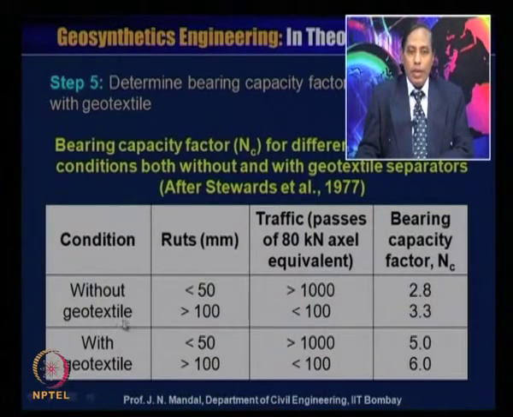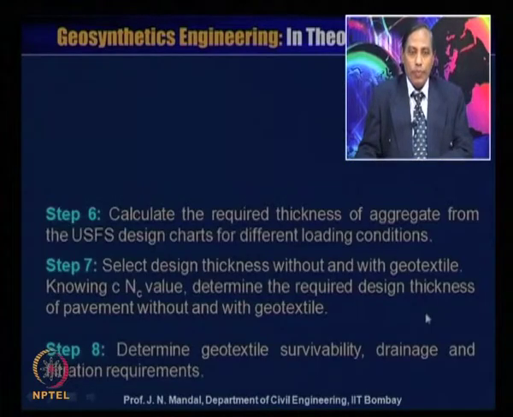If the rut is greater than 100 and traffic is less than 100, then Nc is 3.3. With geotextile, if the rut is less than 50 millimeter and traffic greater than 1000, then Nc is 5. If the rut is greater than 100 millimeter and traffic less than 100, then the bearing capacity factor is 6. So we can determine from this table the bearing capacity factor.